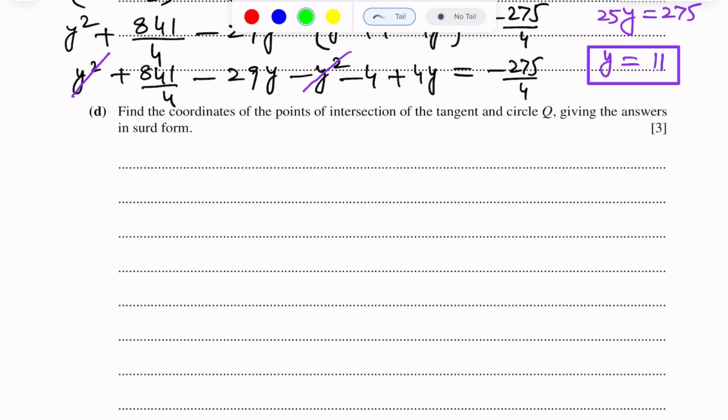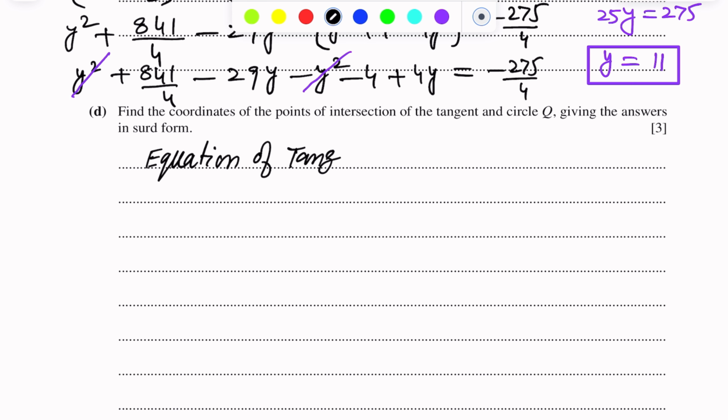So the equation of the tangent, which we have already found, is 3x plus 4y is equal to 58. This is the equation of the tangent. Let this be equation number 1.